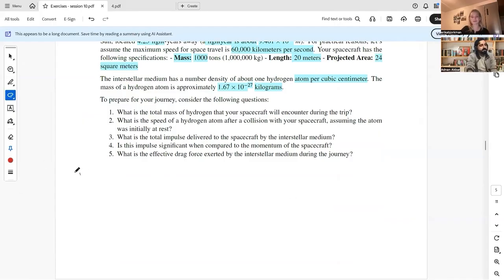First of all, let us talk about the distance. Distance is 4.25 light years, that is given to us.